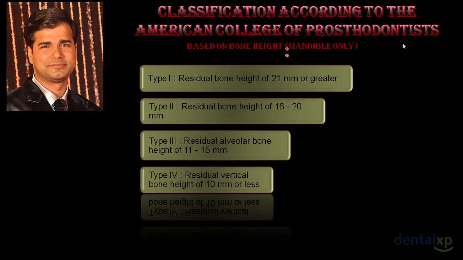If it's type 2, the residual bone height is 16 to 20 mm. If it's type 3, the residual alveolar bone height is around 11 to 15 mm. If it's type 4, the residual vertical bone height is 10 mm or less. So it's important to know the residual ridge height. Only when we know the height will we know the inter-ridge distance.